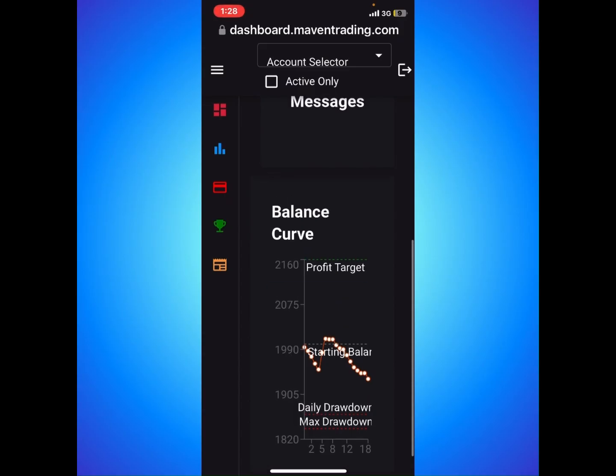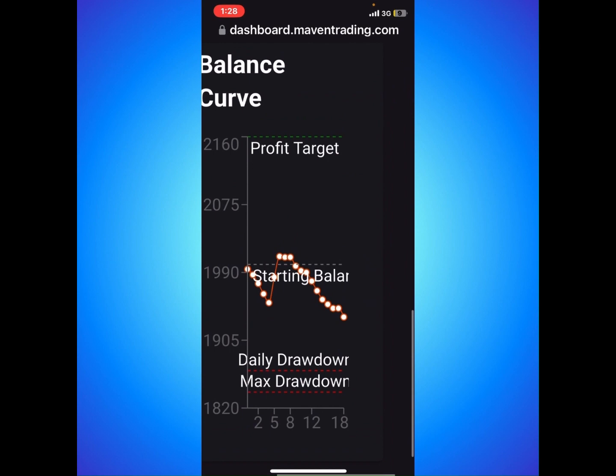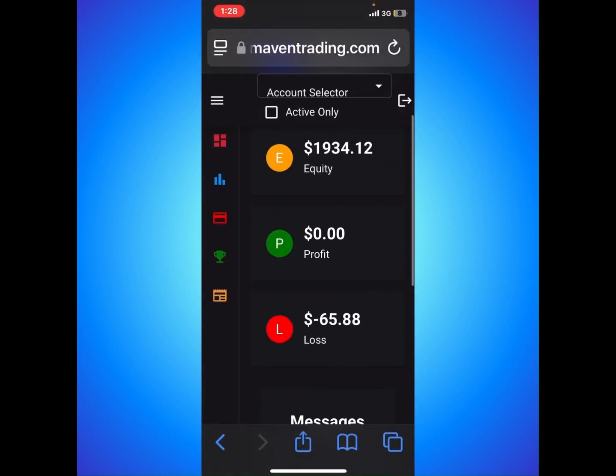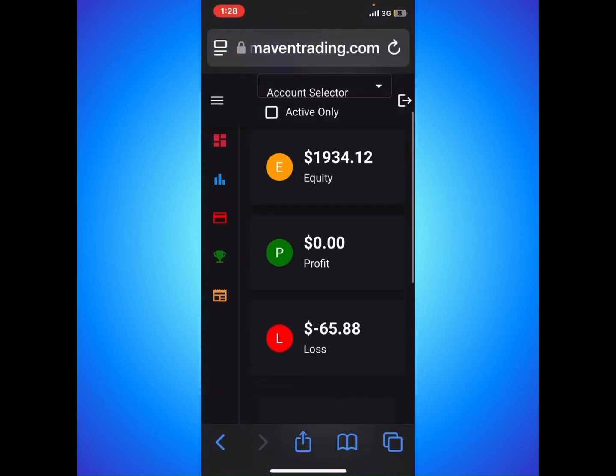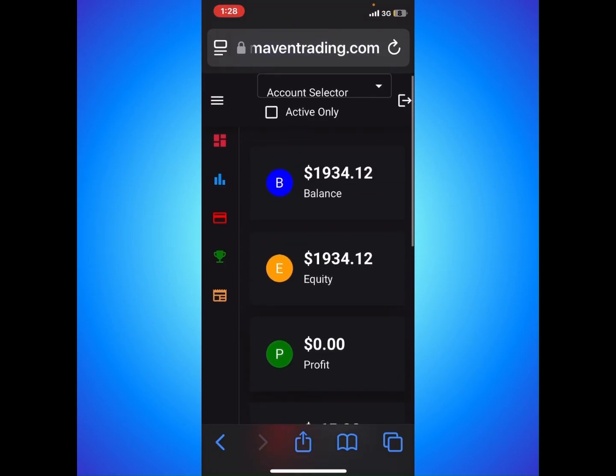This is my growth curve. You realize that I'm not doing well so far, but for somebody for whom this is their first prop firm ever, I'm not pleased with these results. I'm still learning how the whole prop firm thing works, and I'm just trying to capitalize or leverage off of it.